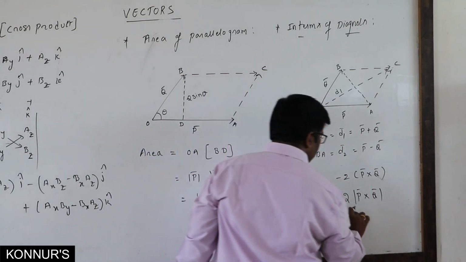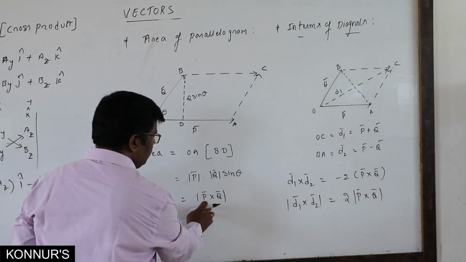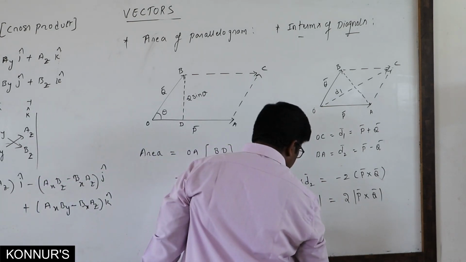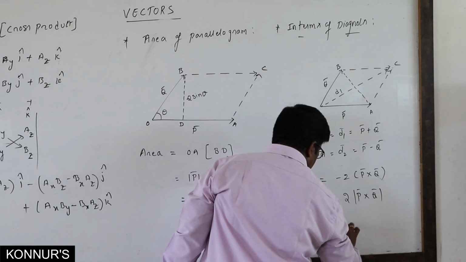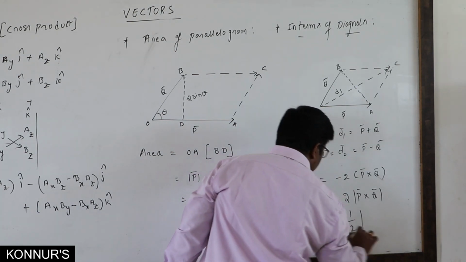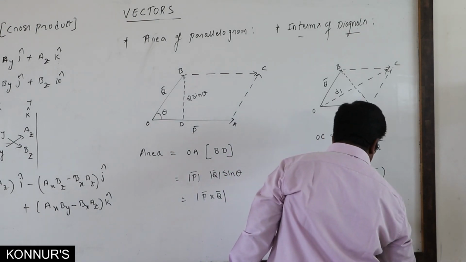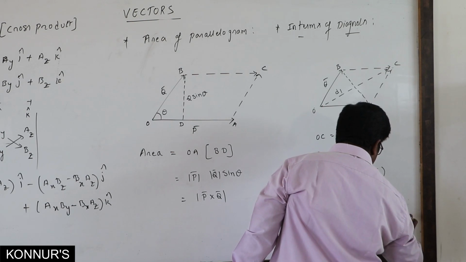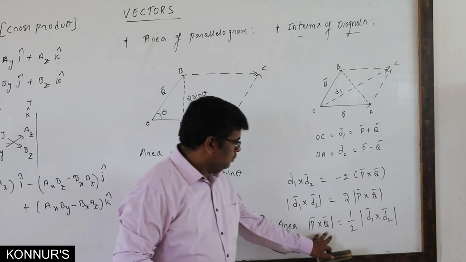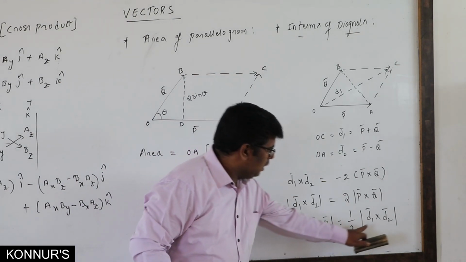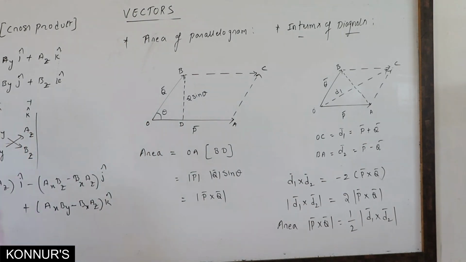We already know the area is P bar cross Q bar. So the area is half of the cross product of the diagonal vectors, D1 bar cross D2 bar. This is the area of the parallelogram if the diagonal vectors are given. So that is another one.